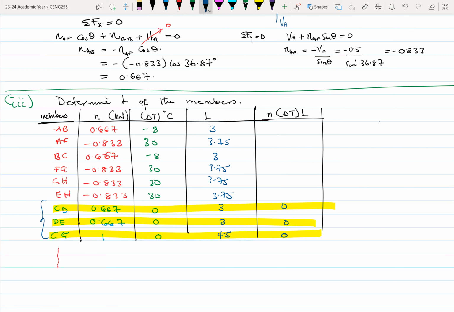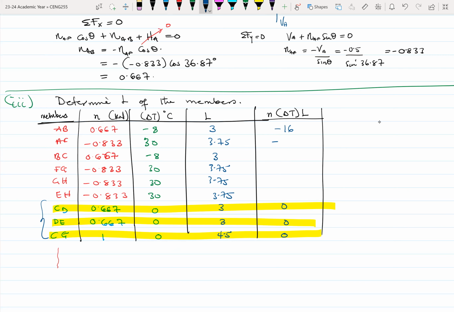So for member AB, since we have a drop in the temperature, your n delta T times L will be 0.667 times minus 8 and then times 3. This will give you minus 16.